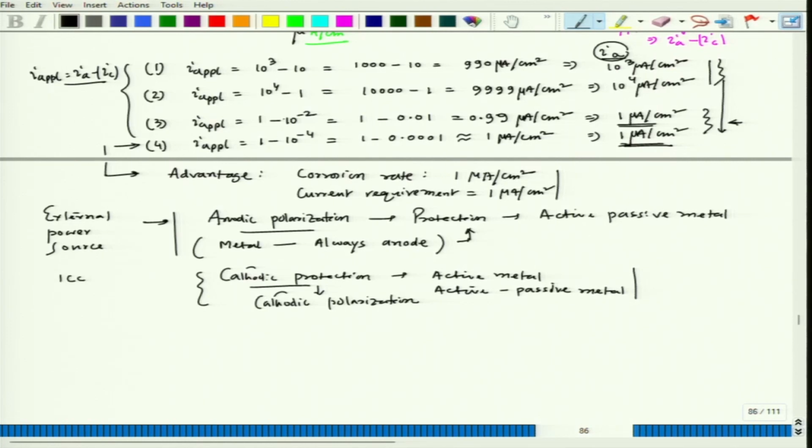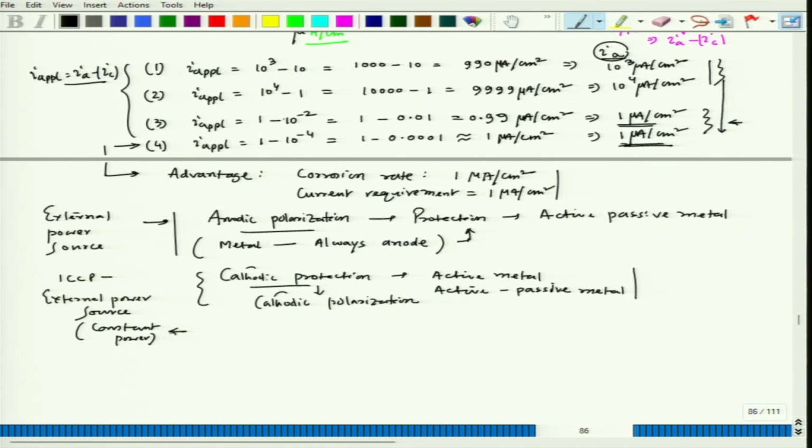In one case, ICCP, we need an external power source, and here we need a constant power all the time, and the current requirement would be a little higher than the current requirement for anodic protection when it achieves the protection zone.